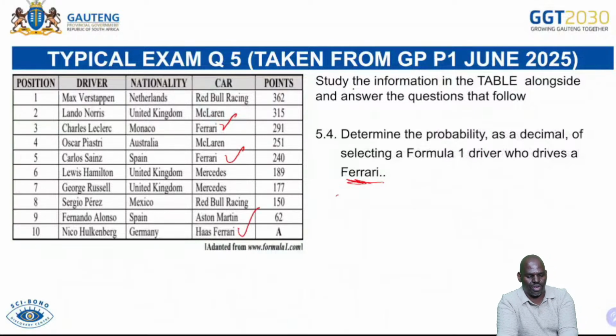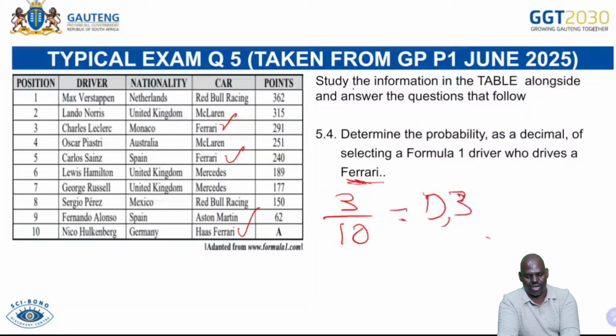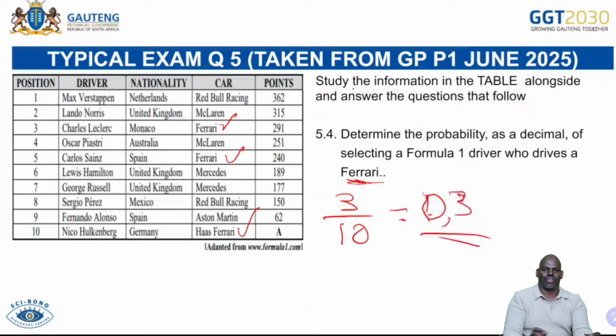So probably it will be 3/10. But 3/10 is not enough according to the question, because the question says as a decimal. If you take your calculator, then you say 3 divided by 10, you get 0.3. Okay, so in decimal form, you get an additional mark there. So that was number 5.4.